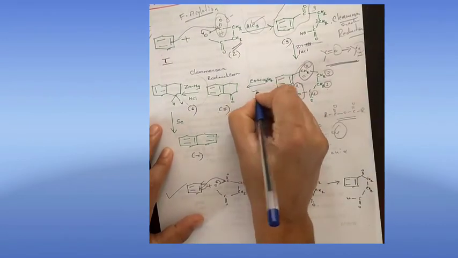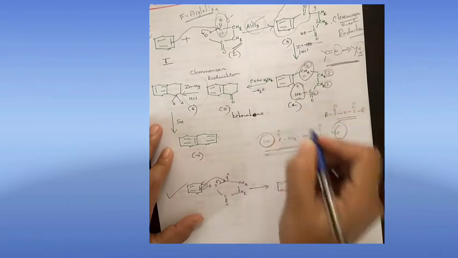Now look at here, there is a hydrogen. Do you agree? Because carbon is tetravalent in nature, each carbon possesses one hydrogen, right? Now there is a loss of what? Water molecule. Okay.